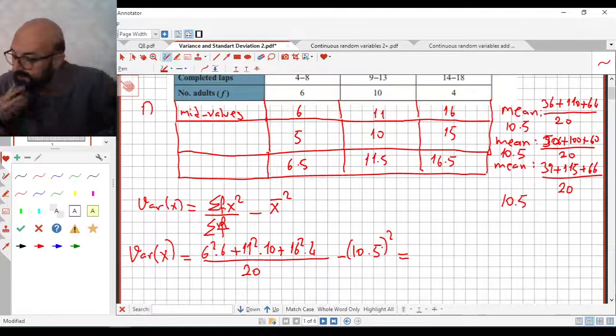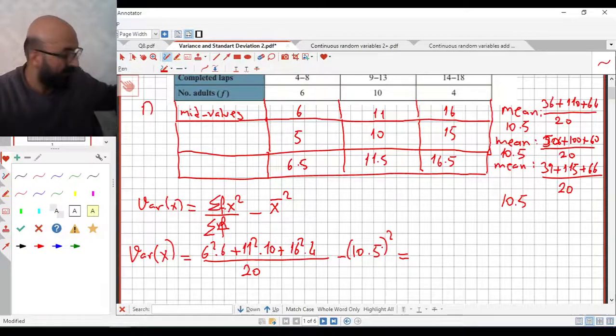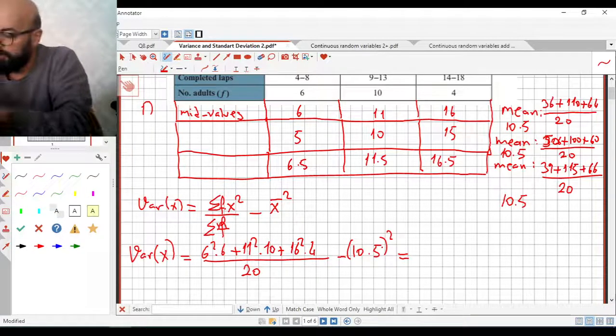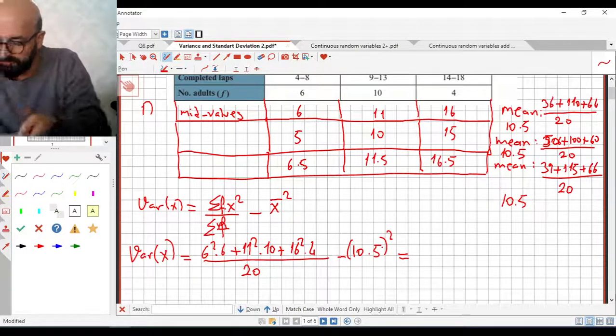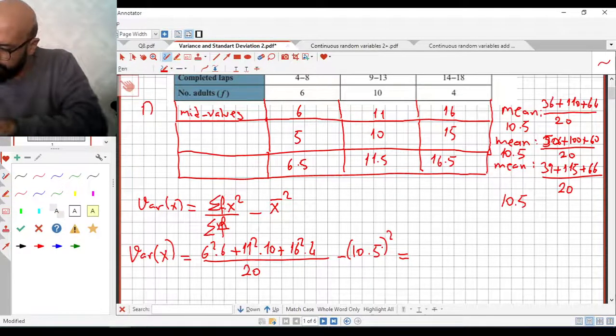I want to look at my notes for the result to save time.